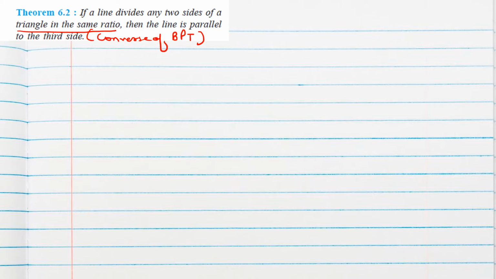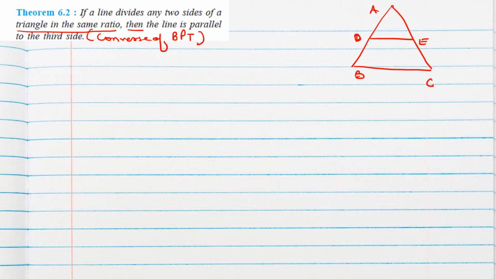So see, a triangle ABC is given. D and E are two distinct points given, and it is given that they divide the sides in equal ratio. The segment DE divides the sides in the same ratio. That means AD by DB and AE by EC are equal.